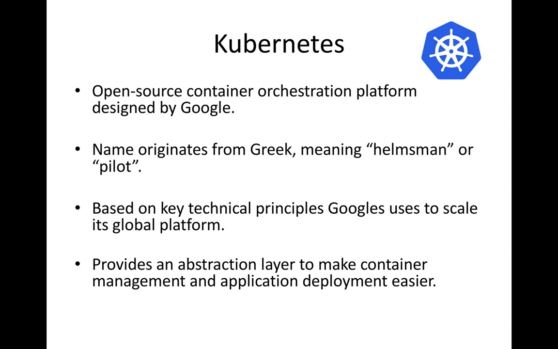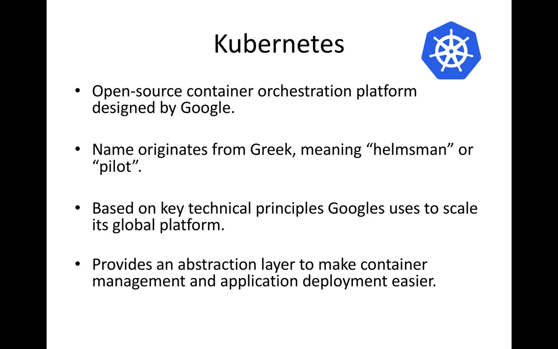Kubernetes is based on some of the key technology practices that Google uses to scale their own global platform. They've taken a number of their technology practices and integrated them into the Kubernetes platform.